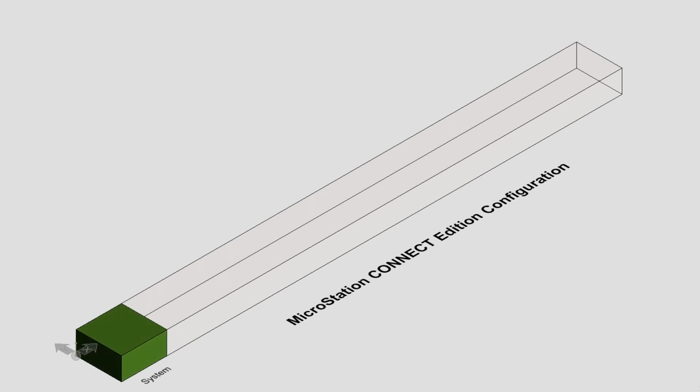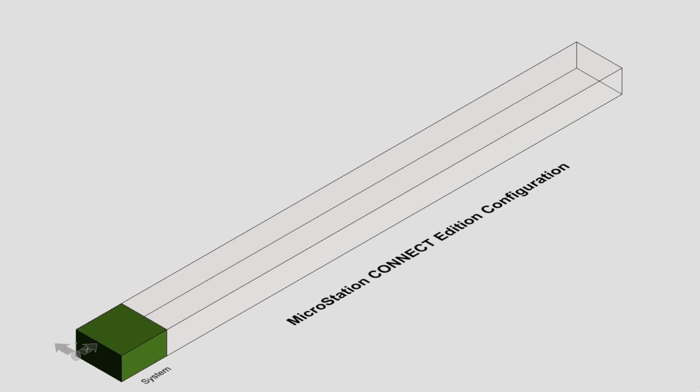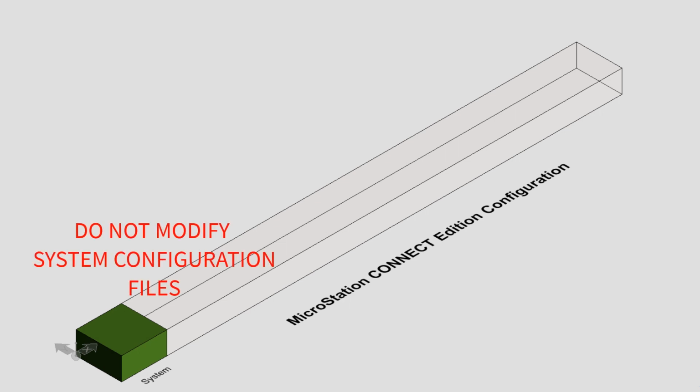System configuration files are supplied by MicroStation and provide default locations for certain resources and defaults for some operational values. Configuration variables defined at the system level can be overridden by any of the higher priority configuration levels. A word of warning: these configuration files provided by the system should not be modified by users.